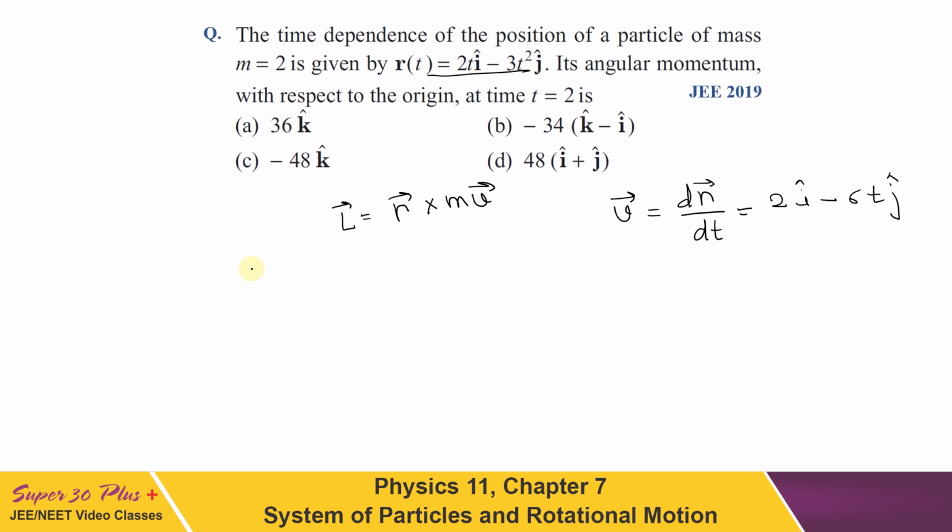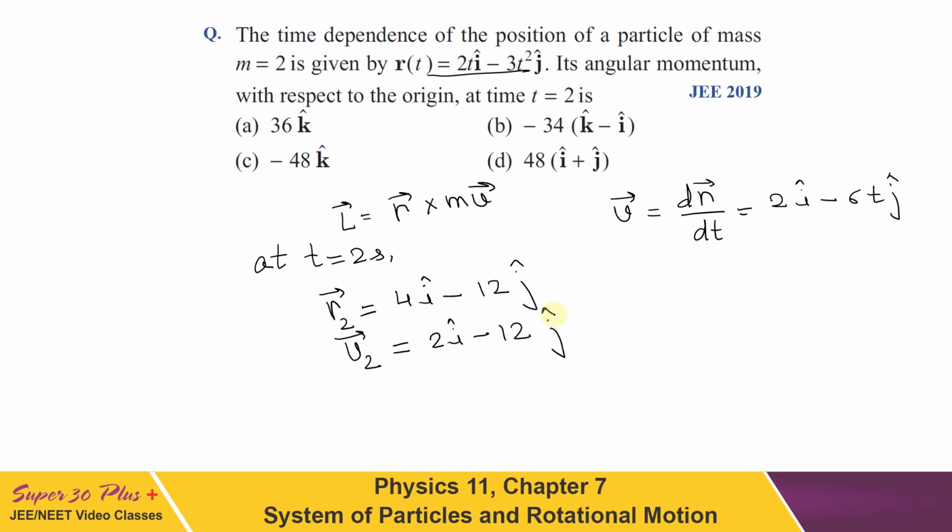Now it is asking for time t is equal to 2 seconds. So at t is equal to 2 seconds, both the values can be written, that will be r at 2, its value has to be 4i minus 12j, and velocity at t is equal to 2 seconds will be 2i minus 12j. So these are the values of position vector and velocity at t is equal to 2 seconds.